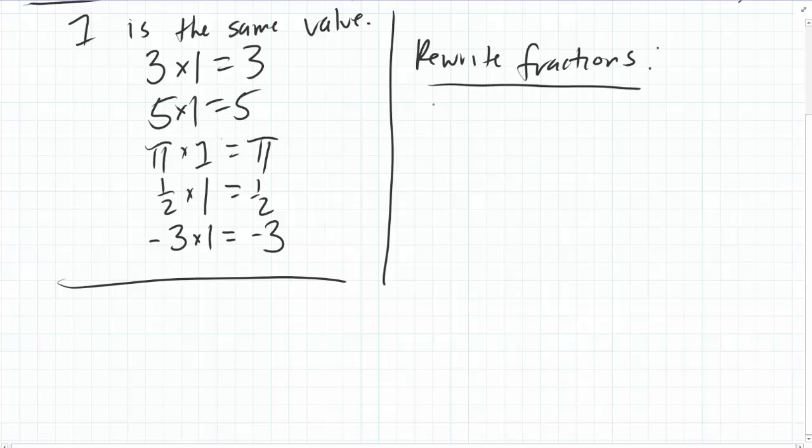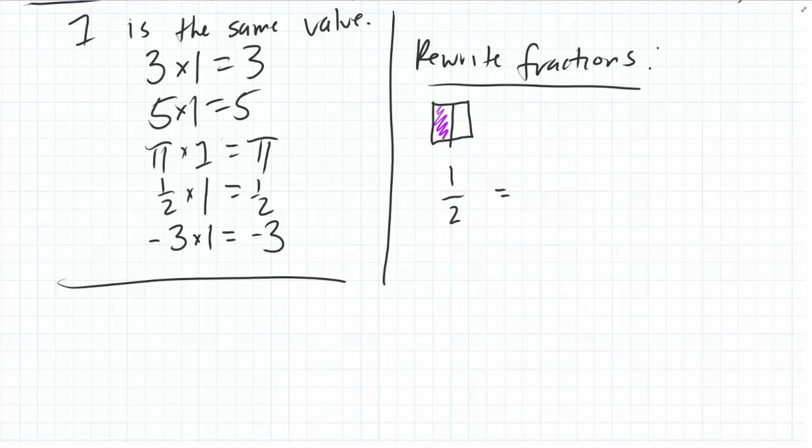If we look at the fraction 1/2, we also know that's the same exact thing as 2/4. Instead of breaking it into halves, now we have 2/4. Same exact value.